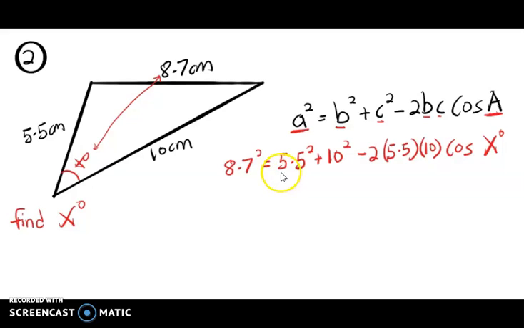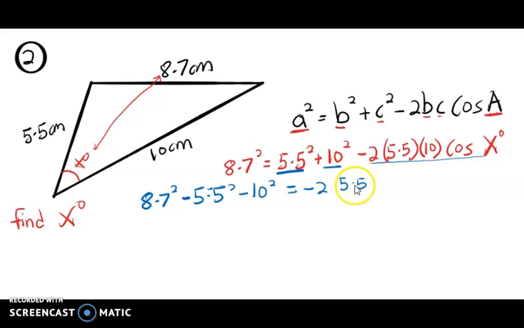Now this 5.5 square and the 10 square will move to the opposite side and become minus. Don't forget that this is a multiply. So minus 2 times 5.5 times 10 times cos x.